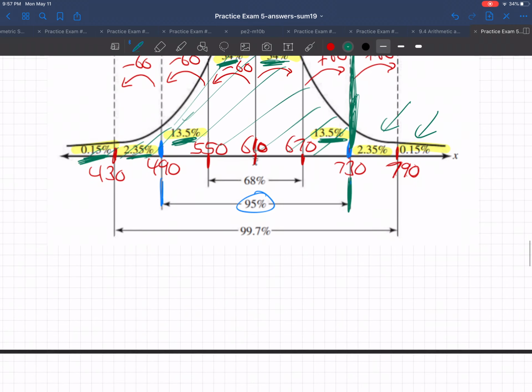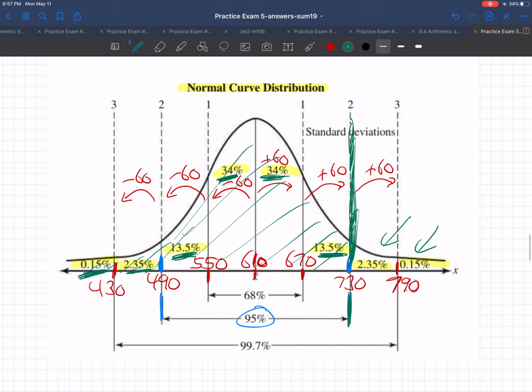I got them all, didn't I? Yeah, it looks like I got all the ones to the left, below 730. All these numbers are below 730. So I have to add up all the percentages in the curve to the left of 730, below 730.